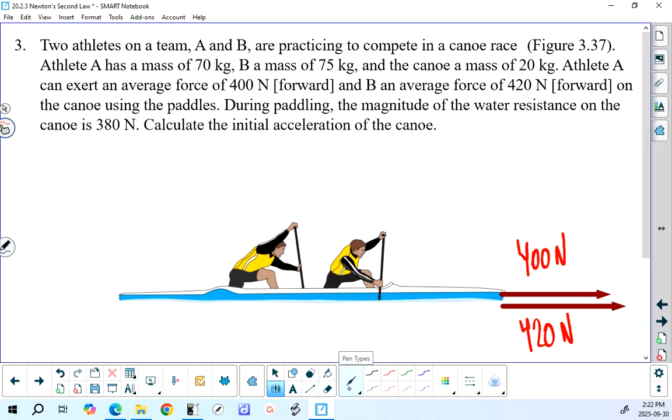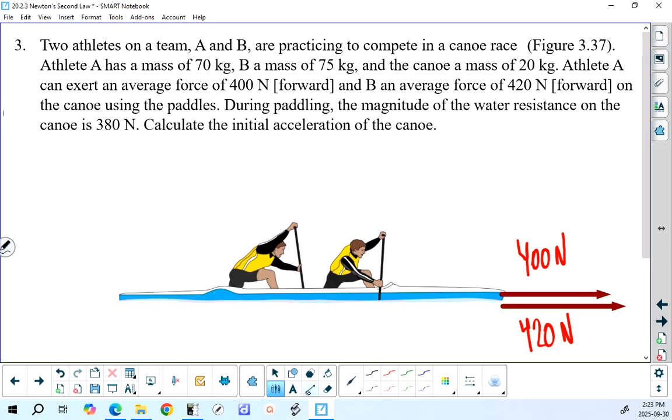Just to stop for a second, I hope you can imagine that if you had a way of applying these forward forces to the canoe on water, and then you had a way of somehow, I don't know how, applying the same forward forces to the canoe if it were on a sheet of ice, the acceleration on the ice would be greater. So there's something going on between the canoe and the water that is taking away from the force forward, and we're calling that a resistive force.